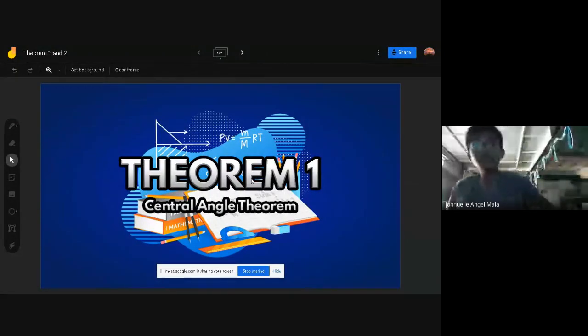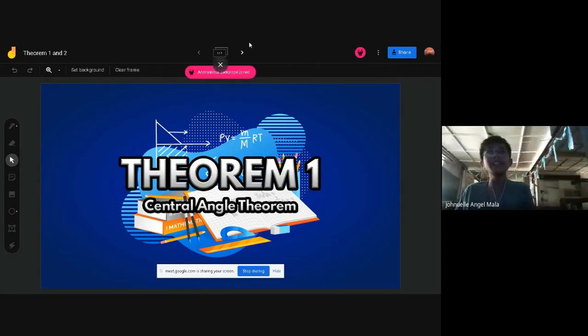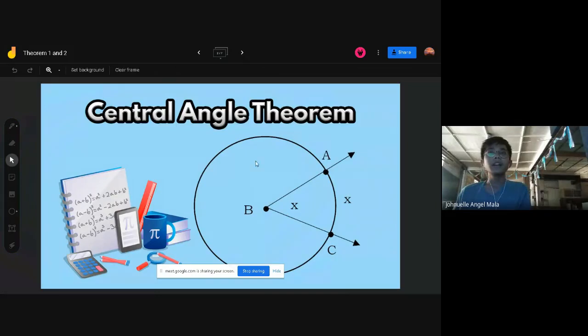Ma'am, first of all, good afternoon, classmates and ma'am. The topic I was given was Theorem 1 and Theorem 2. Theorem 1, which is the central angle theorem. This here is an example of a central angle.